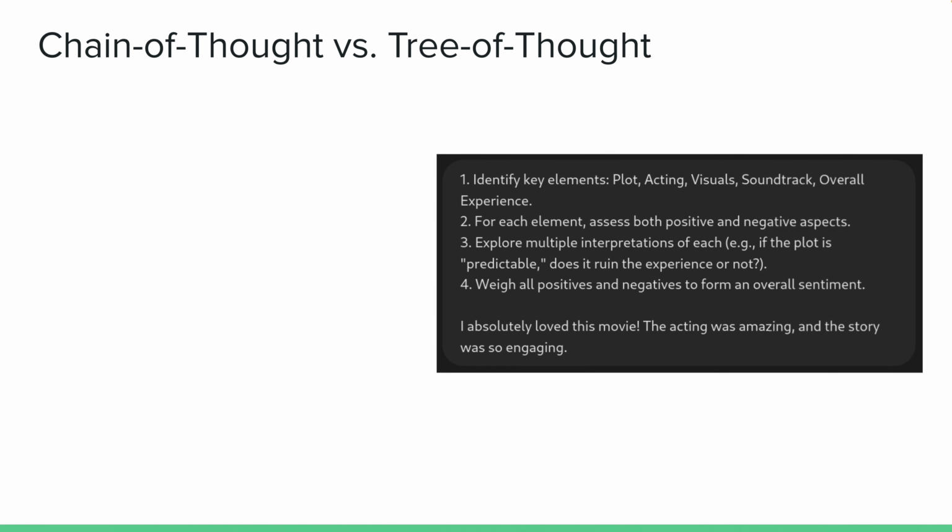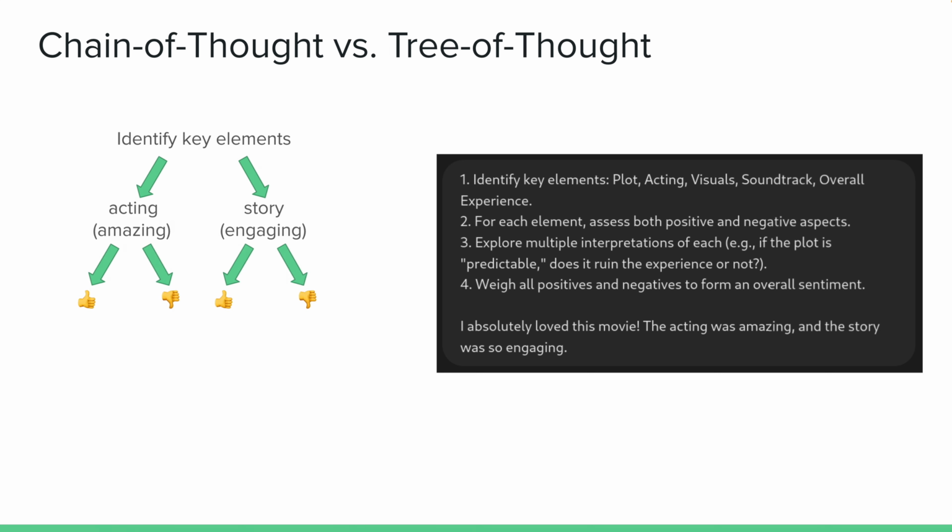And now let's recall the example of tree of thought prompting. See here, the model takes a more complex and branching approach. Instead of following a single line of path as before, it identifies multiple key elements of the input. In this case, things like acting or story in a movie review. For each element, it explores both positive and negative aspects and evaluates them individually.